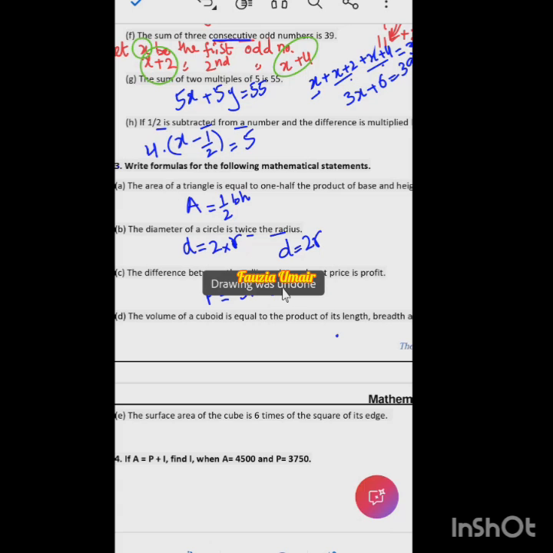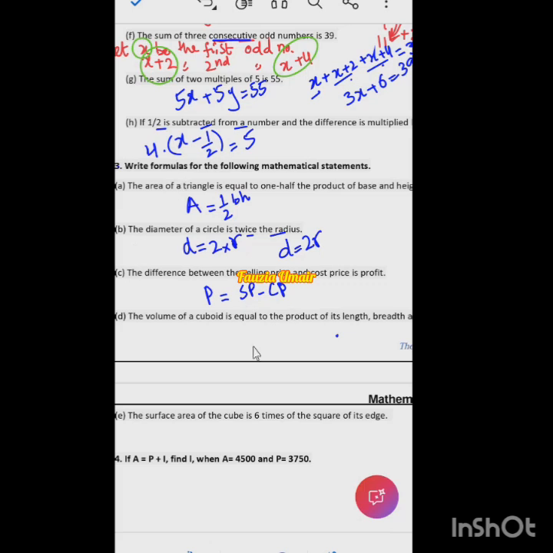Selling price minus cost price is equal to profit, P. Okay? Profit is equal to selling price minus cost price. Anyway, you know that if there is a profit, then definitely it means you are selling it at a higher price. So that's why, yes, selling price is coming first, right?